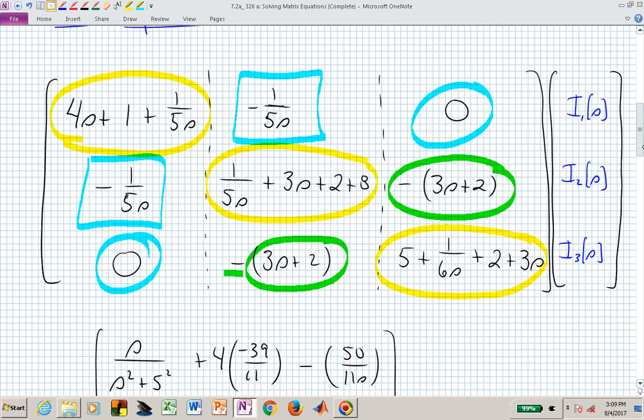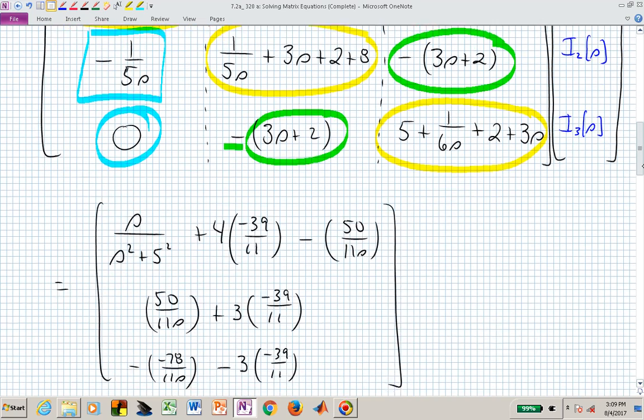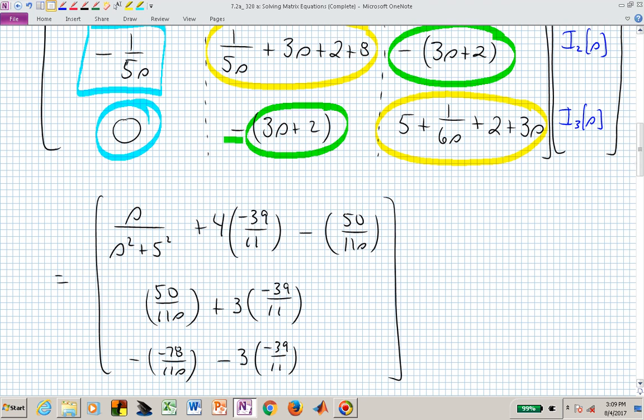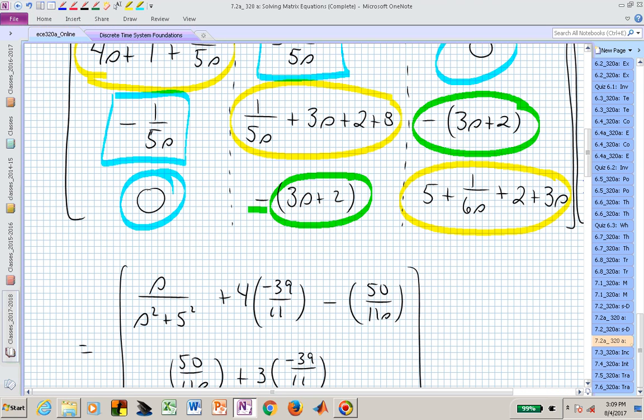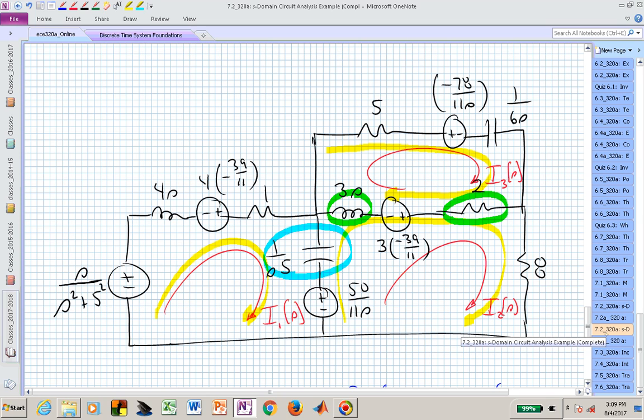The remaining right-hand side now needs to be found from how the sources either encourage or discourage the mesh currents I1, I2, and I3. So, if we look at the first mesh, we have 3 different sources associated with that. We have our applied source, s over s squared plus 25.